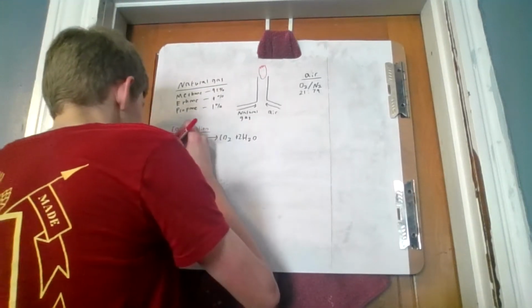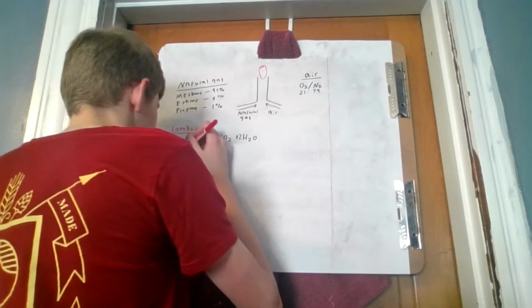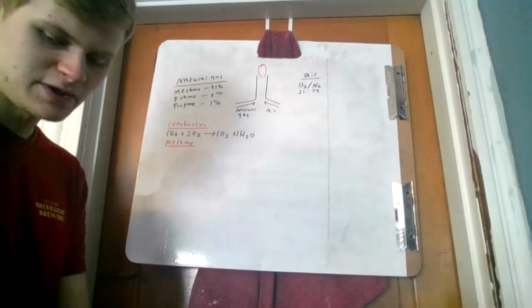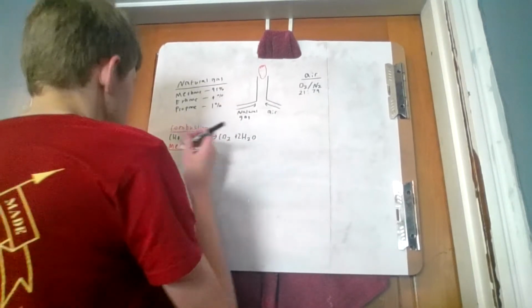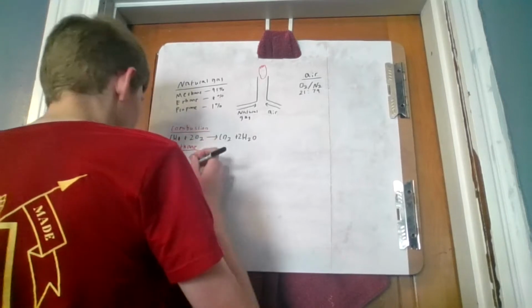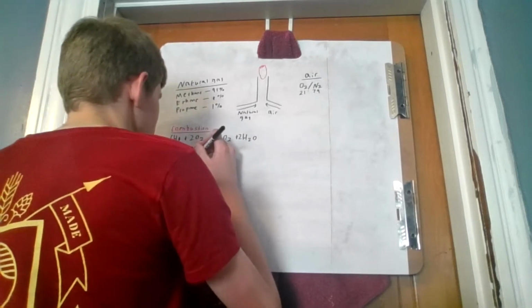So we'll separate this off, our methane, and then our methane reaction is just going to be the same equation up there. So it's going to be 1 CH4, plus 2 O2.